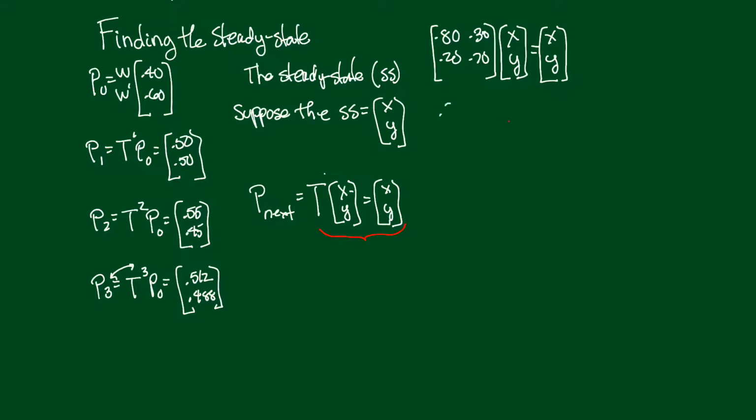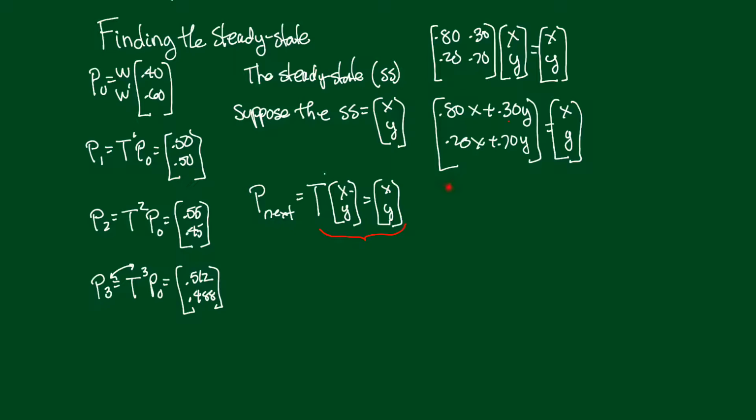So we're looking at 0.80x plus 0.30y, and down here, second row, first column, first and first plus second and second, so this is 0.20x plus 0.70y, and that's equal to this matrix here, x y. Now two matrices are equal when their corresponding components are equal. So this component must be equal to that one, and this one must be equal to that one.